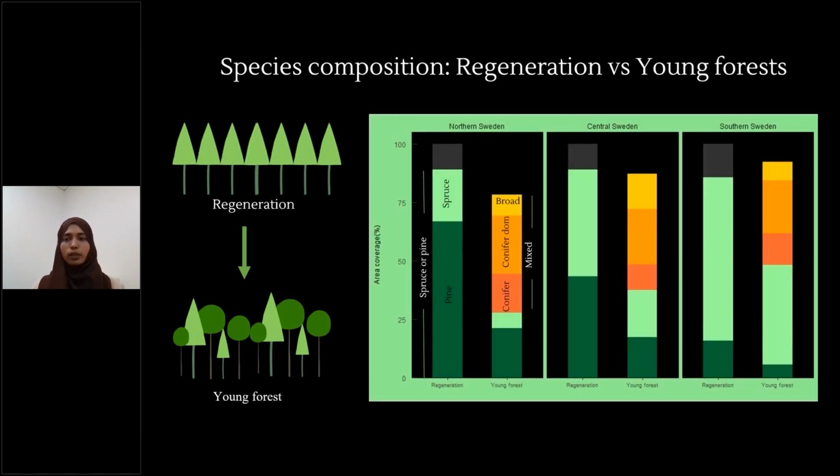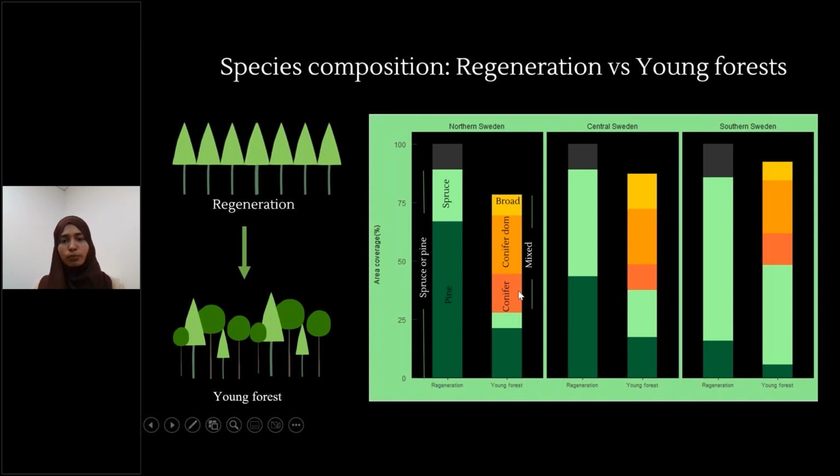So here is a quick look at how it looks all over Sweden. If I take northern Sweden as an example, you can see in regeneration, it's pine and spruce that was used, and this black part is some other species and some where no planting was done.